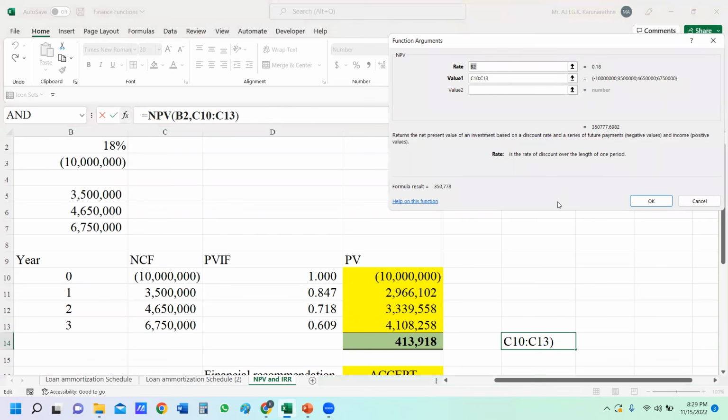This is the limitation of the NPV formula. When you show the cash flows, you should show the cash flows excluding the initial investment.